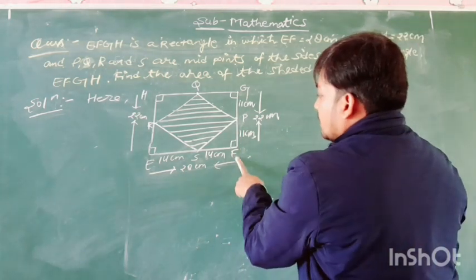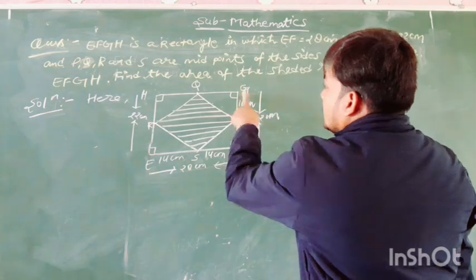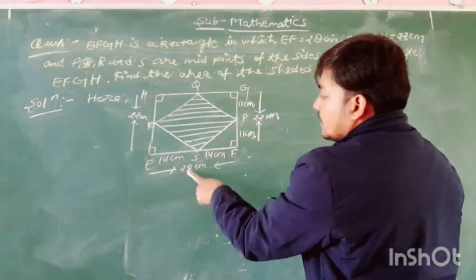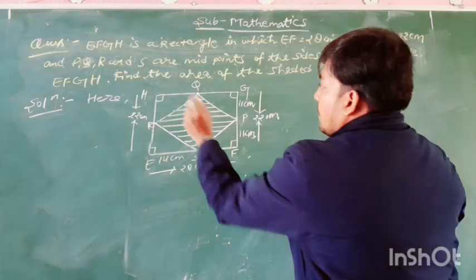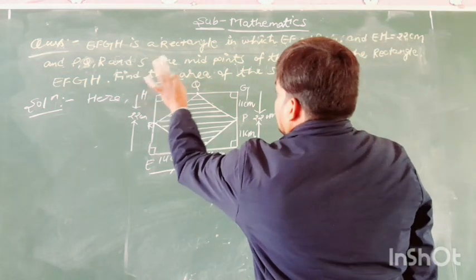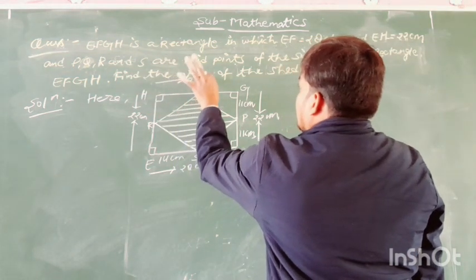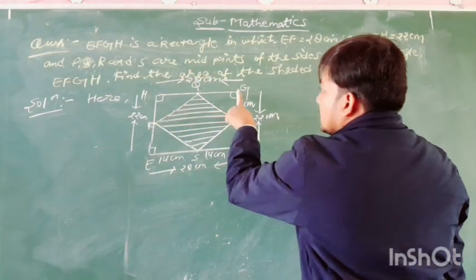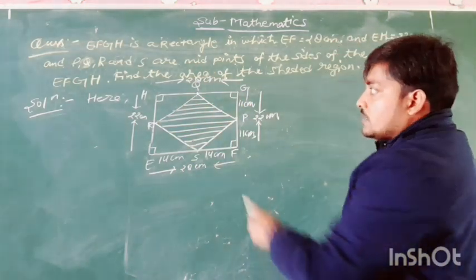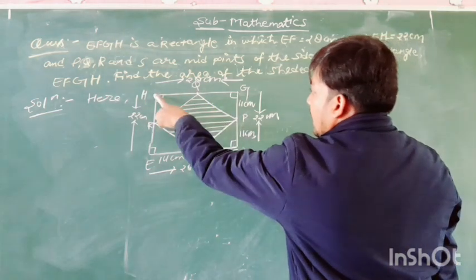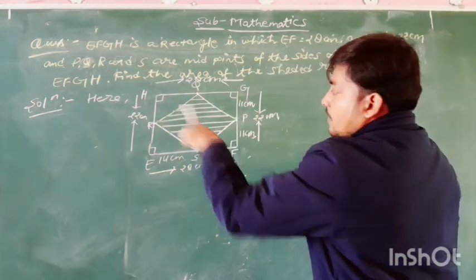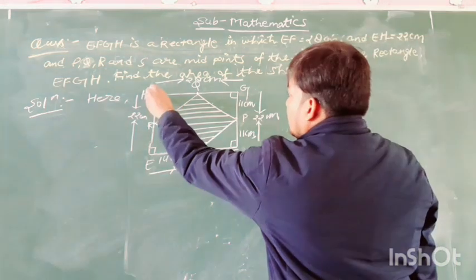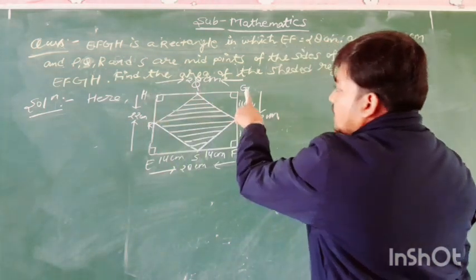And EF is equal to HG, and the measure of HG is equal to 28 centimeter. Q is the midpoint of HG, so HQ will be equal to QG.